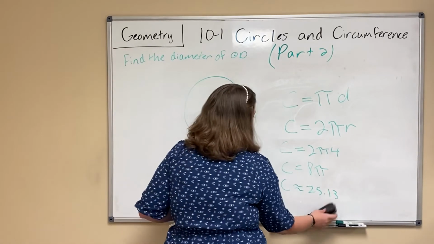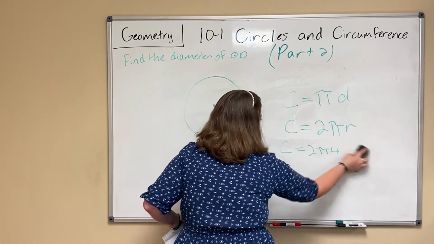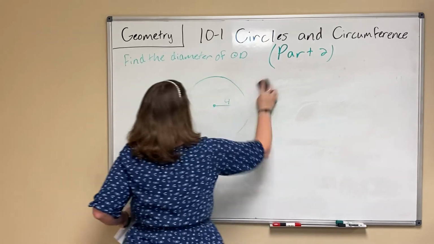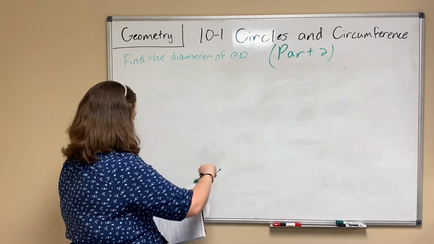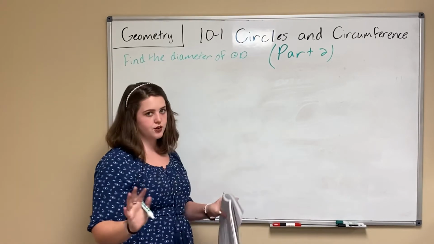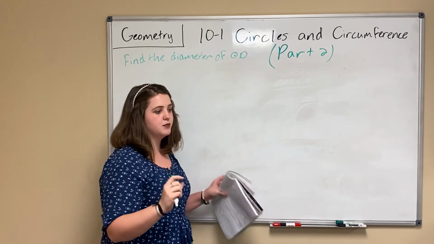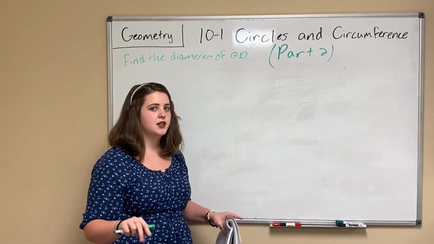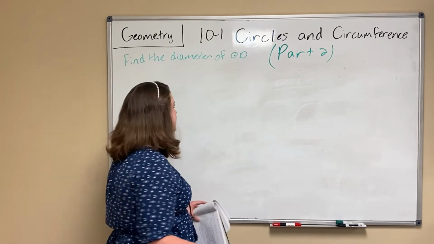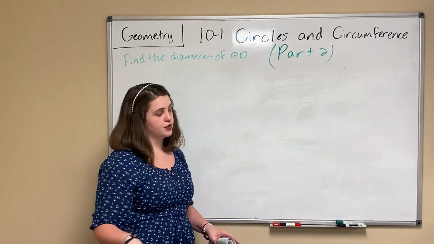The last thing that I will say about this lesson, I have 2 more definitions to give you. With our circles, we can have shapes inside the circle and shapes on the outside of the circle that help us figure out information about the circle.